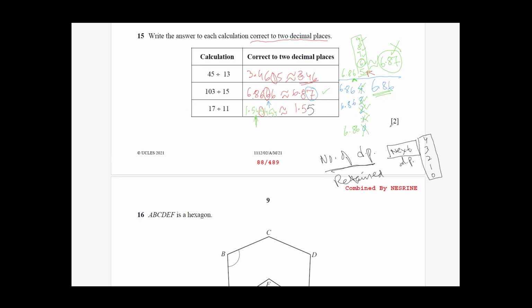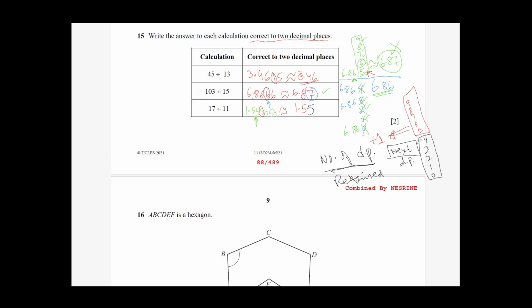And if the next digit is either 5, 6, 7, 8, or 9, then this digit is going to be increased by 1. We need to add 1 in all of these cases. So this is the basic understanding of this concept.